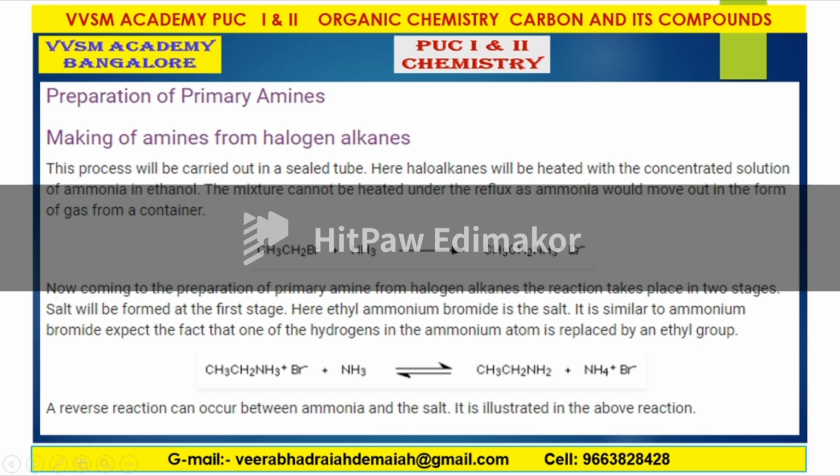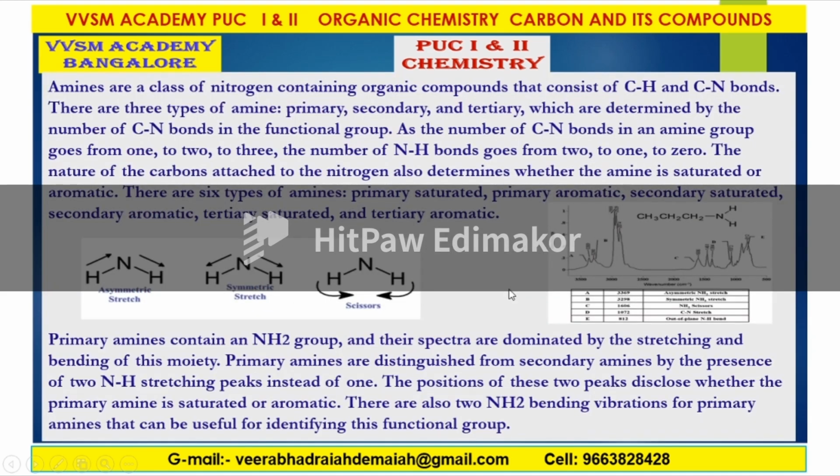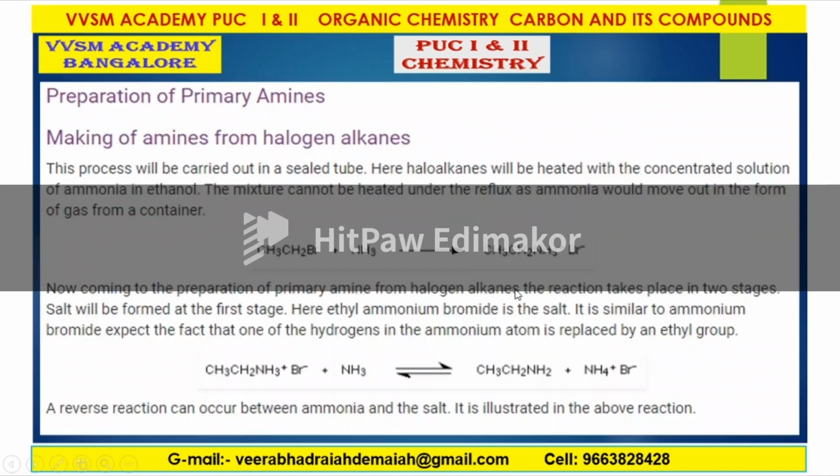In the net reaction, the ethylammonium bromide cancels out, and if you add up the two molecules of ethyl bromide reactions, you will get ethylamine and ammonium bromide. A reverse reaction can occur between ammonia and the salt, as illustrated in the above reaction. It is a reversible reaction.